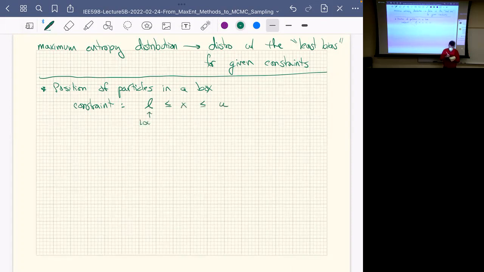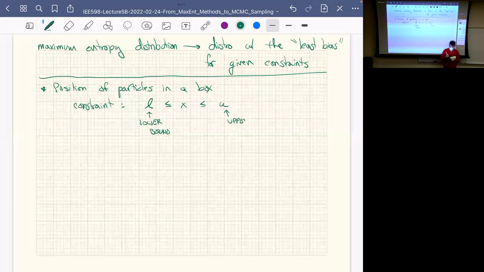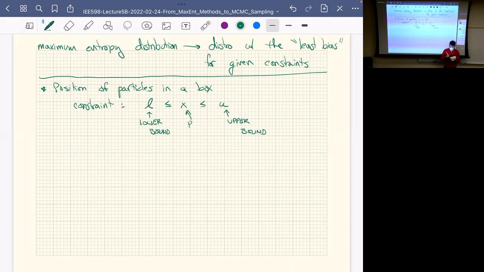So that's the lower bound, upper bound, and this is our position. So ahead of time, that defines the box.